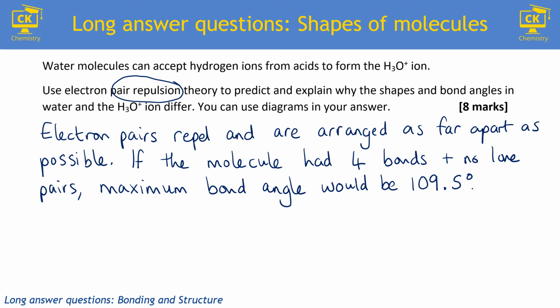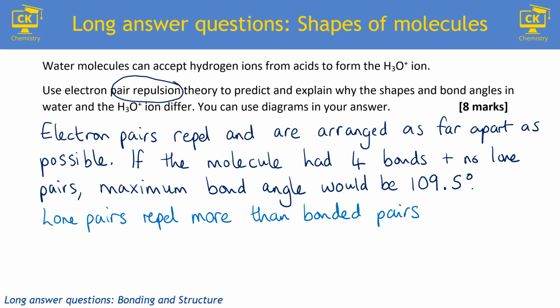And we want to explain why the angle changes, because otherwise, since they've all got 4 things, you'd expect the angle to be 109.5. So the second statement that we can say pretty much every time we do a shapes question is that lone pairs repel more than bonded pairs. That's really important as well.